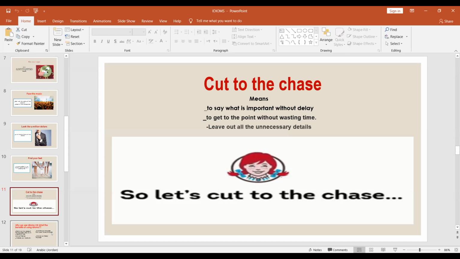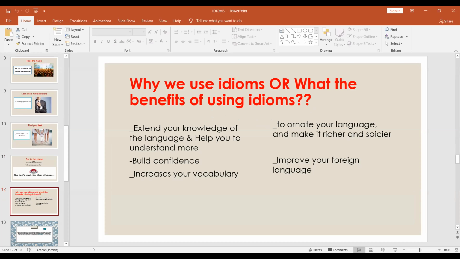When a person uses this idiom, they are telling you to hurry up and get to the important part without all the details. But we should be careful when we use this idiom, because if you use it while talking to someone like a college professor or a doctor, it will be rude and disrespectful. Okay, so let's cut to the chase.